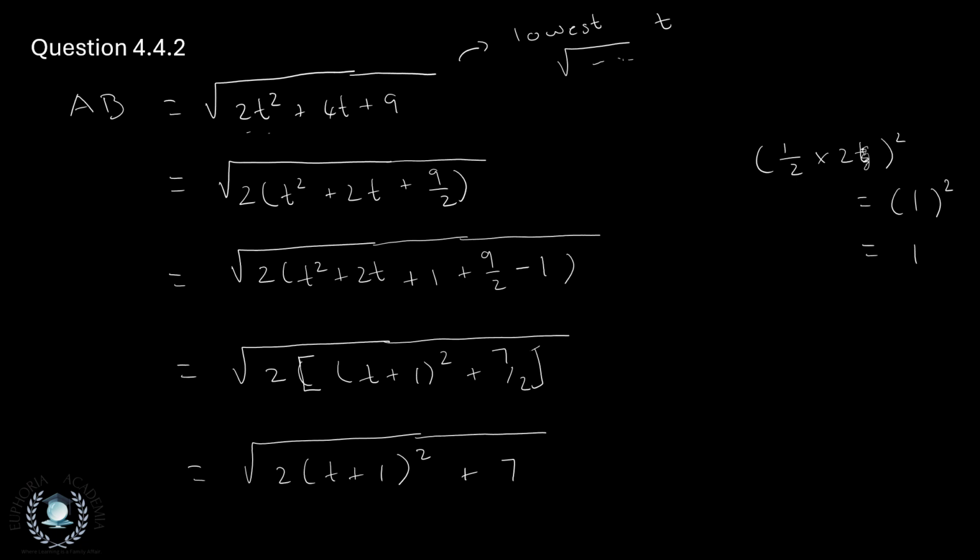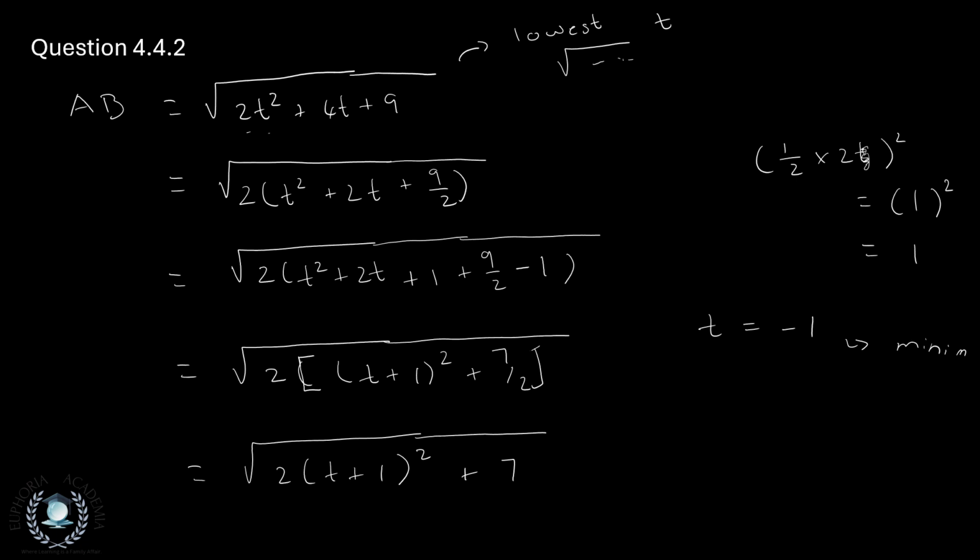If we have a 1 or even a negative, it's going to be more than 7 because we're squaring. So to make this a 0, t has to be equal to minus 1.